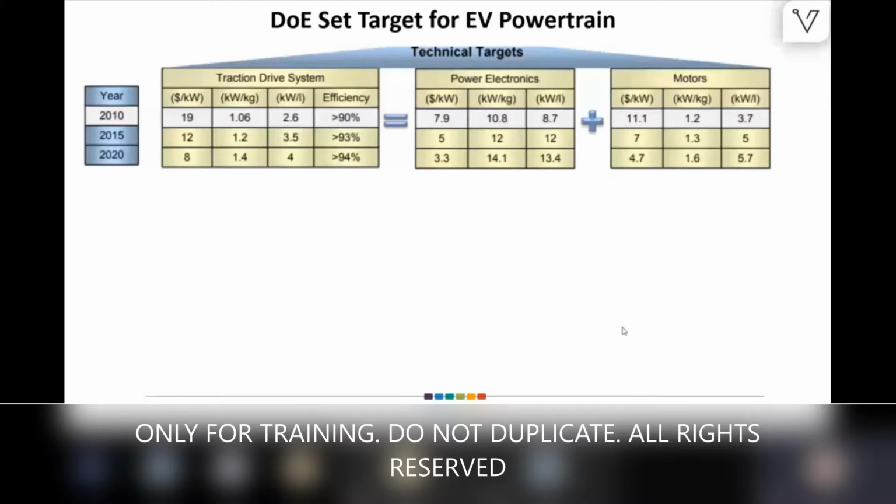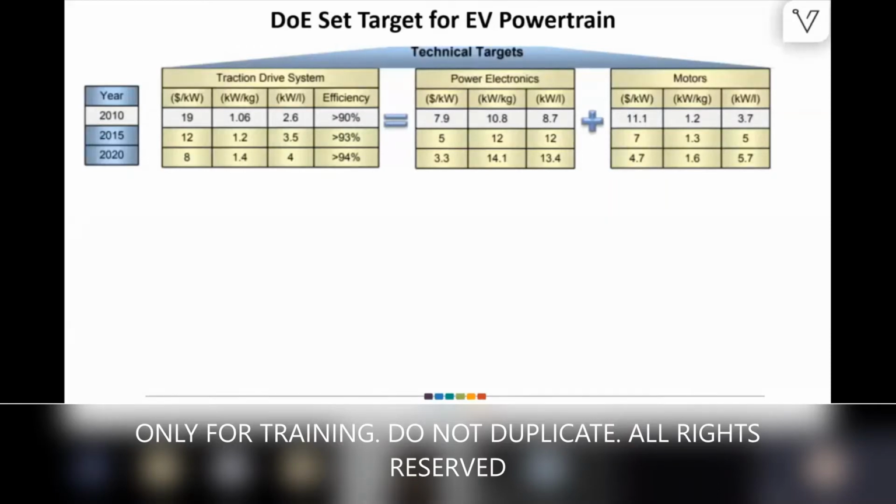Now, as I mentioned, before we go to the vehicle level requirements, there are targets set by the Department of Energy, and these are revised now. They have defined them year wise, up to 2020. There are various densities, volumetric densities, and dollar per kilowatt cost.